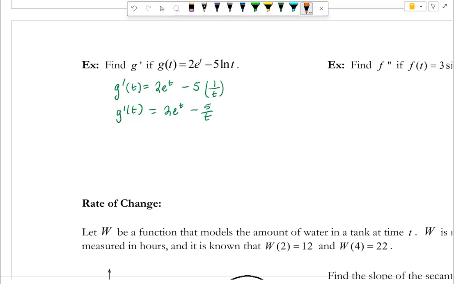So if I need to make both of my terms have the same denominator, in this case, the denominator is t, I would need to multiply by t over t for my first term. So the last way we might see this written would be 2t, we usually put the t first, e to the t minus 5, all of that over t.